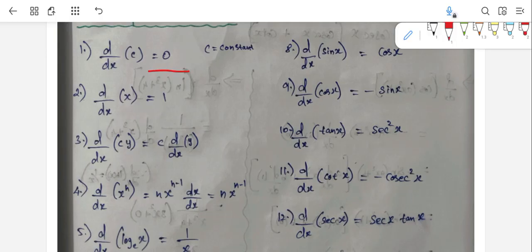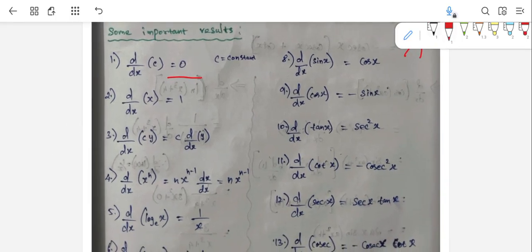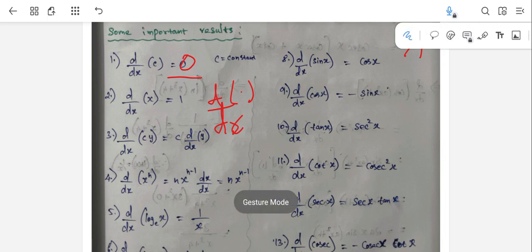Meaning d by dx of 1, 2, 3, anything, guys. Any number you keep, the answer is 0. That's it. So this is the main thing.